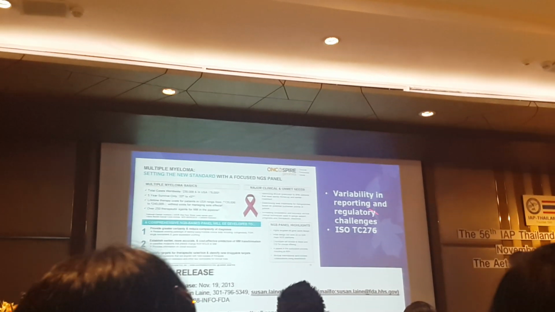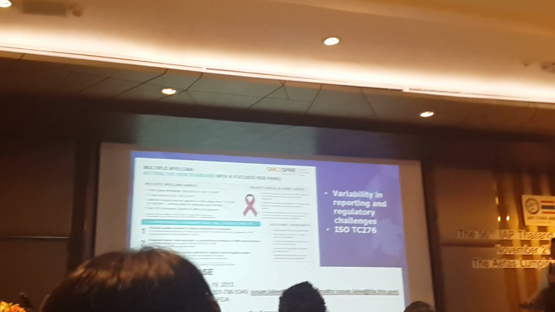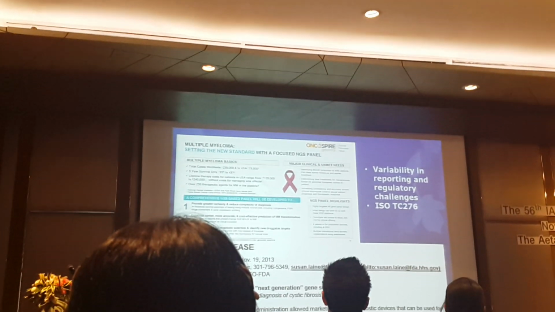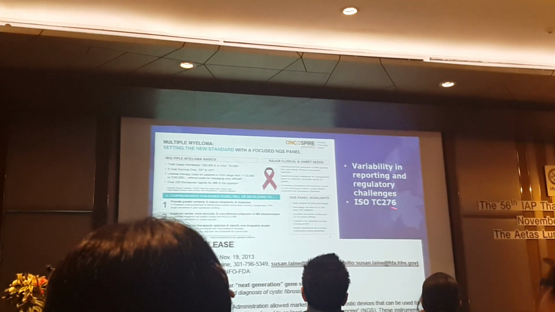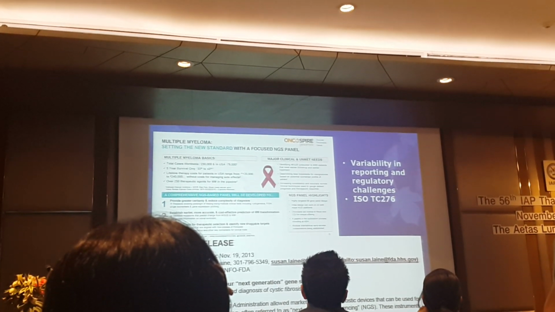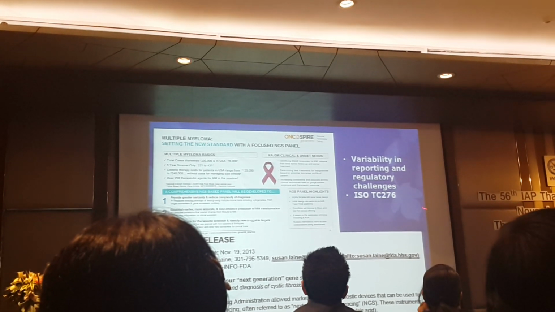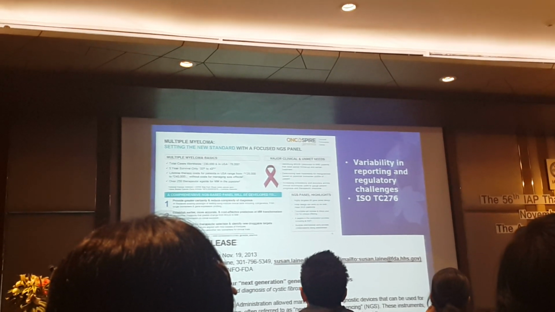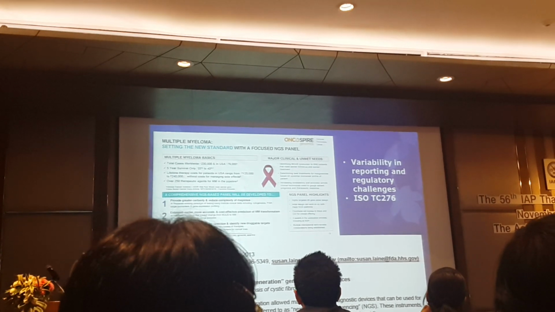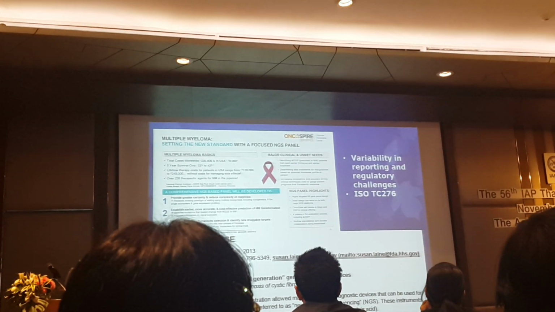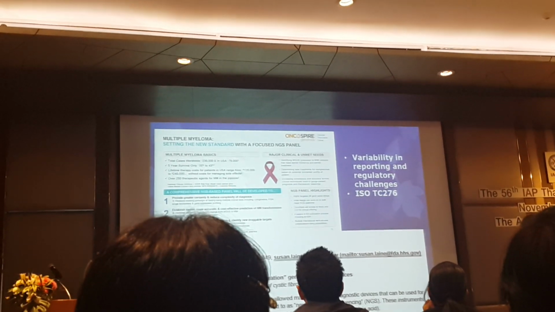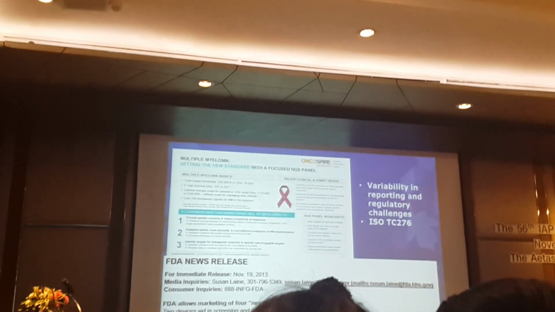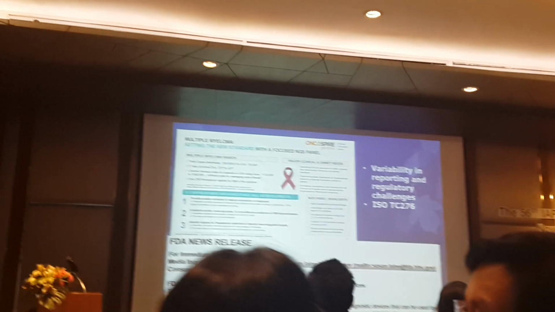There is a movement coming on. There's ISO 276. So this is a technical committee 276 with 5 different work groups, and one of the work groups is actually looking at the bioinformatics aspects. And the hope is that if we can come to some agreement in terms of how you standardize the analysis of next-gen sequencing, then targeted next-gen sequencing will be the way forward.